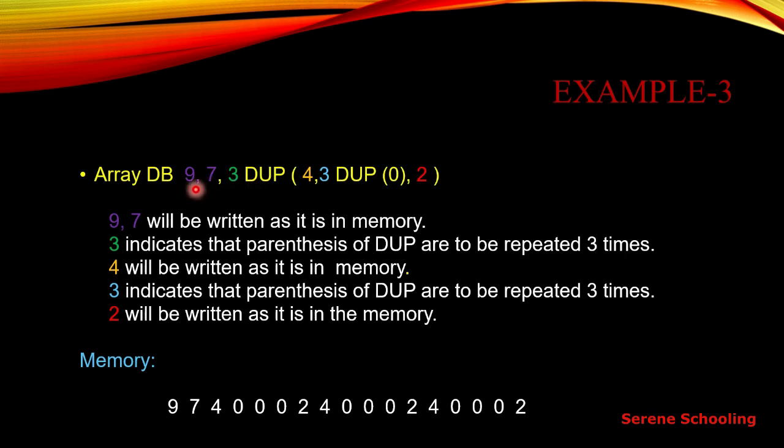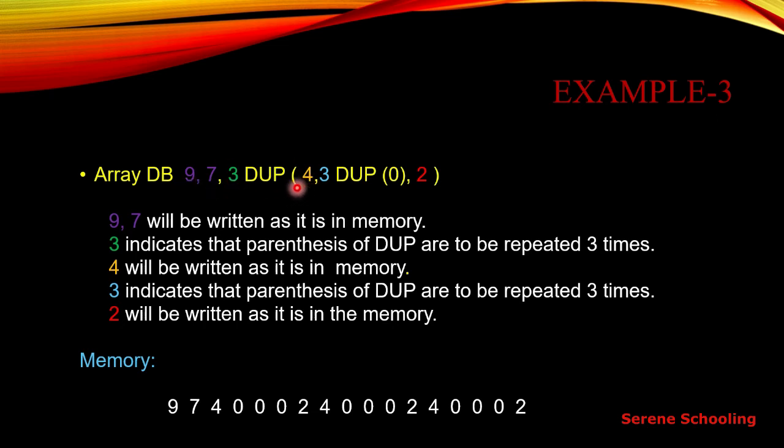If you have got this concept, then you can understand from here as well that whatever is written right with DUP, it tells that whatever is in its brackets will be executed that many times, that is, 3 times this 0 is going to be written, and this 4 is going to be written as it is, just like these two.